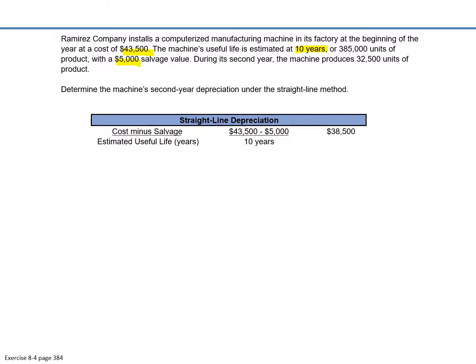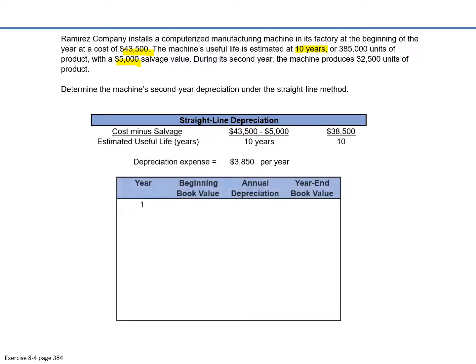So that's $38,500, and under the straight line method, depreciation per year is going to be $3,850. So in year one, we have a book value of $43,500, less annual depreciation of $3,850, ending value of $39,650.